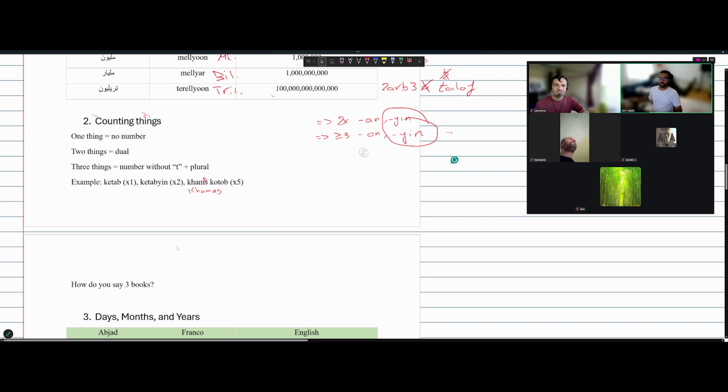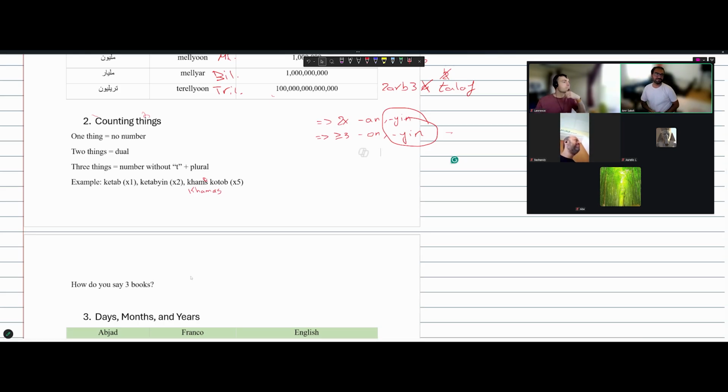So, a fun challenge. How can someone tell me how to say 3 books? So the rule that we have, we drop the feminine T and use the plural.